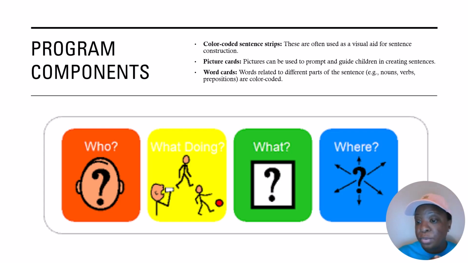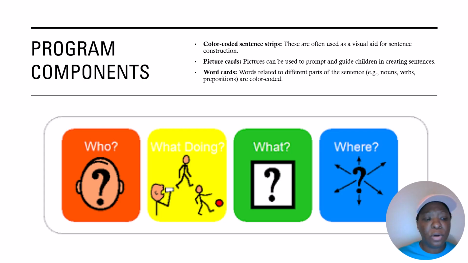The materials that we'll need for this activity are, one, color coded sentence strips. They're often used as a visual aid for sentence construction. Two, picture cards. Pictures can be used to promote and guide children in creating sentences. And three, word cards. The words related to different parts of the sentence, such as nouns, verbs, and prepositions, are color coded.